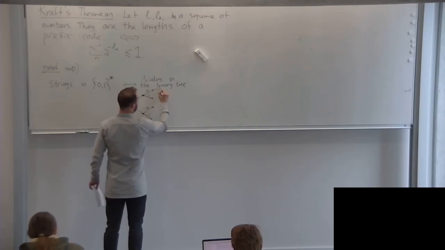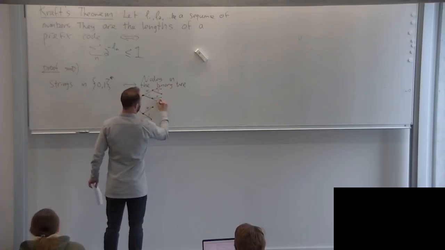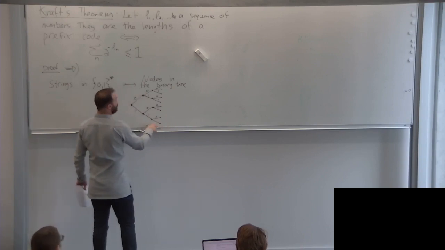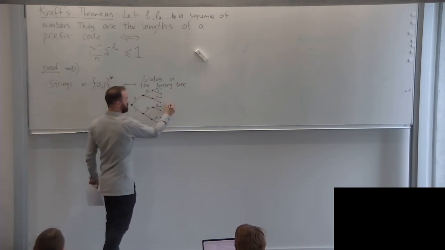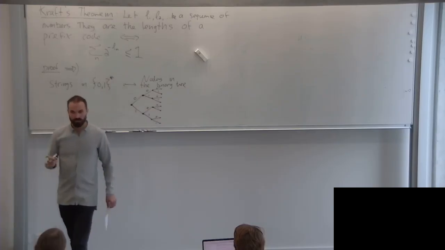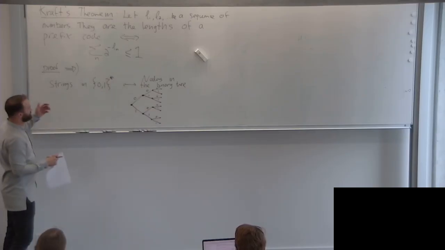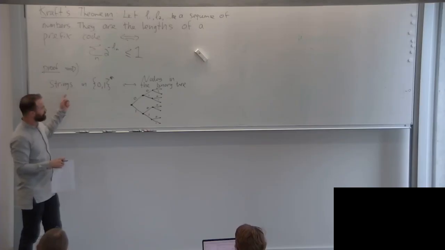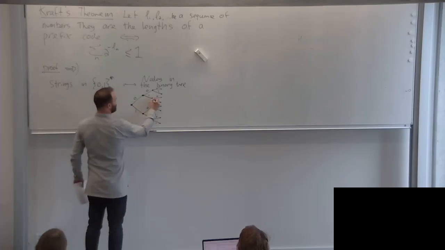And we go on, 0, 1, 0, 1, 0, 1, 0, 1. In fact, what I call the binary tree is this infinite tree. It goes forever. And you can verify that it has as many nodes as there are strings in here. For example, this node corresponds to the string 0, 1.